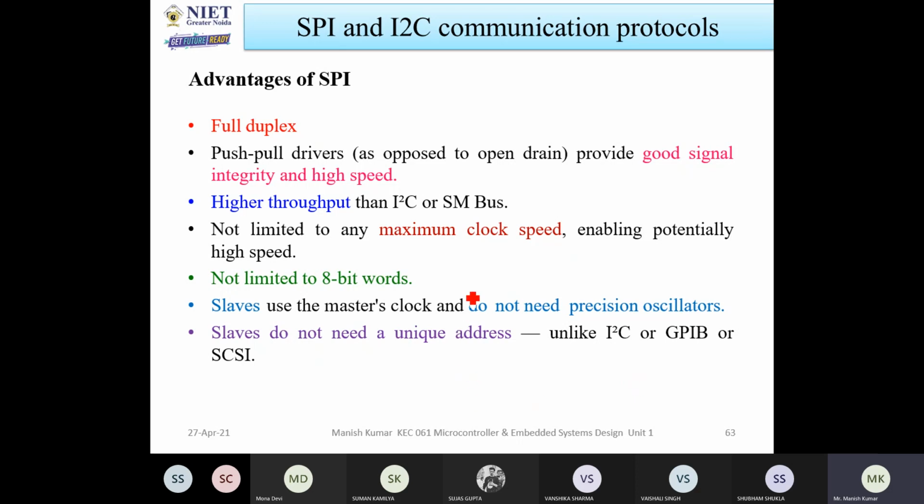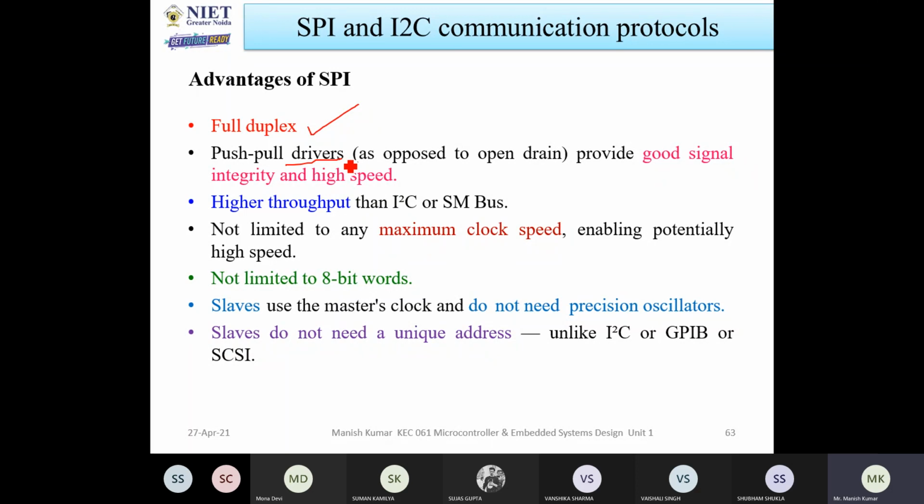Now, what is the advantage of SPI? We will see the advantages, limitations, and applications. So now you know that it already works in full duplex. It uses push-pull drivers. What is the meaning of push-pull drivers? I think you have studied the push-pull amplifier in analog circuits.